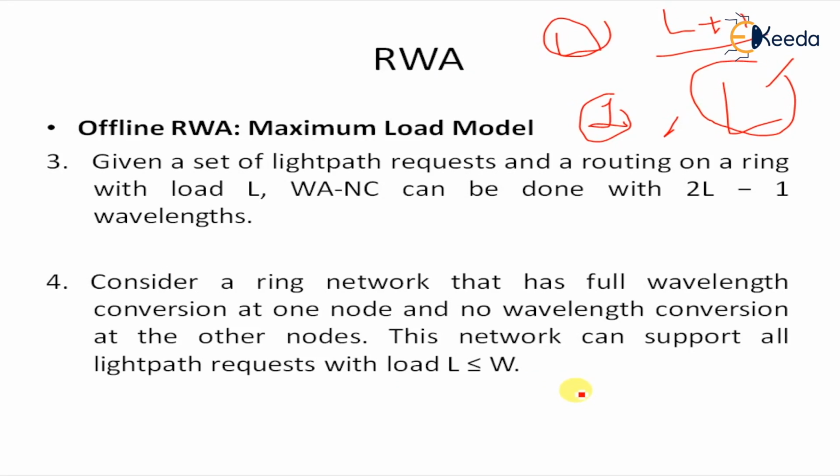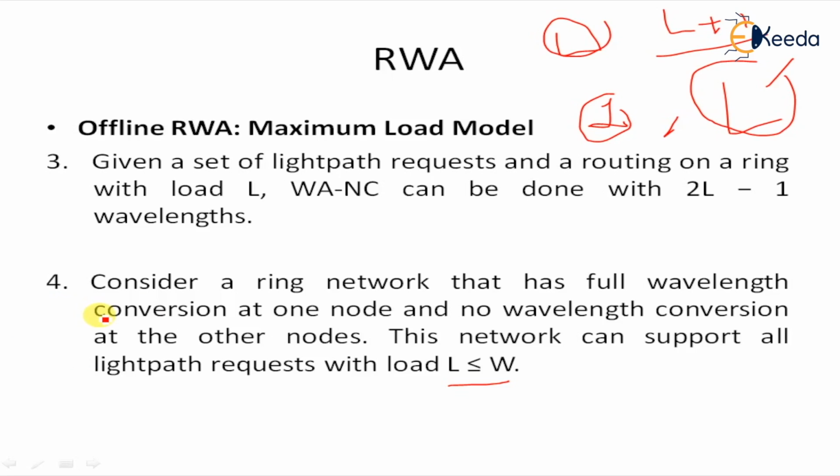This network can support all light path requests with the load L less than or equal to the capital W. So in this case, limited wavelength conversion can help us significantly in improving the load that can be supported in many network configurations, and the detailed derivations of the result for this case are beyond the scope. So we can consider that the particular path is provided in the ring network in this case also.